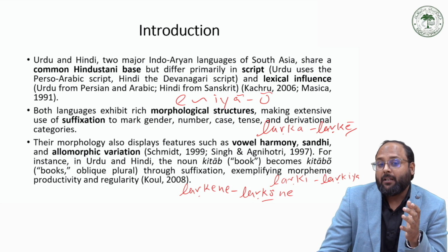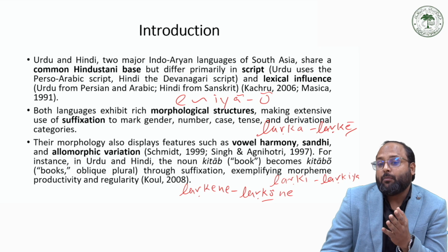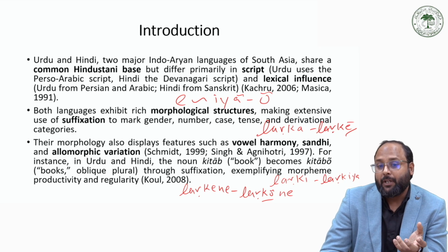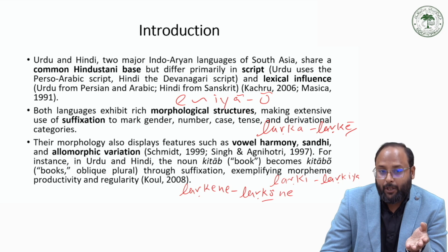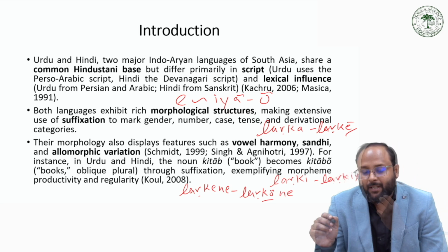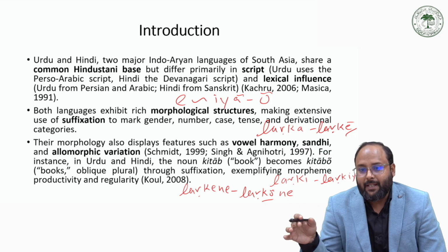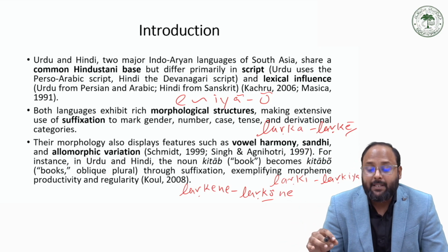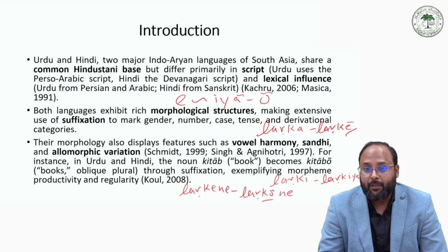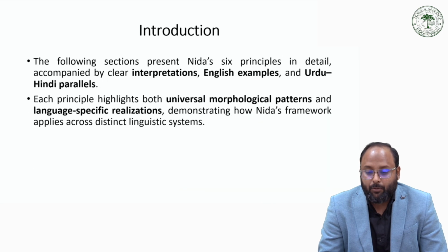They are the allomorphs of the same morpheme, that is the plural morpheme, but their form is different. So we can call it allomorphic variation. On that basis, we can say that it is the same morpheme, but it has different realization. The form is different, but the meaning is the same. So that is the one morpheme, the plural morpheme in Urdu.